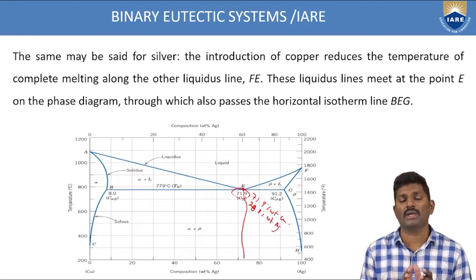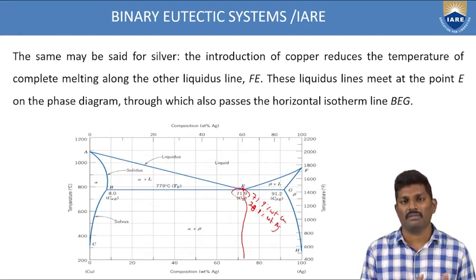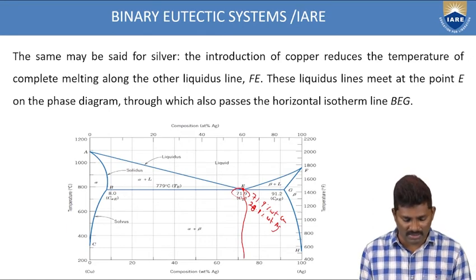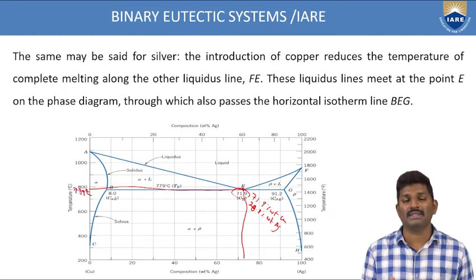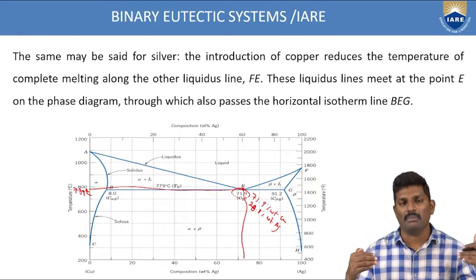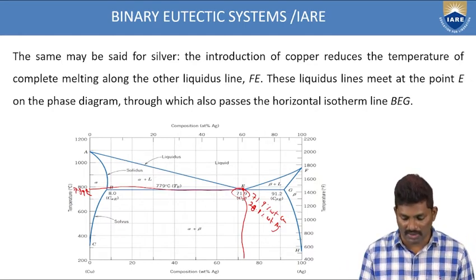Totally it should be 100, so you have to identify like that. And the temperature is already drawn at 779 degrees centigrade, where you are getting this BEG line. At that point, both the alpha and beta phases are getting lower melting temperatures. That you have to note down.